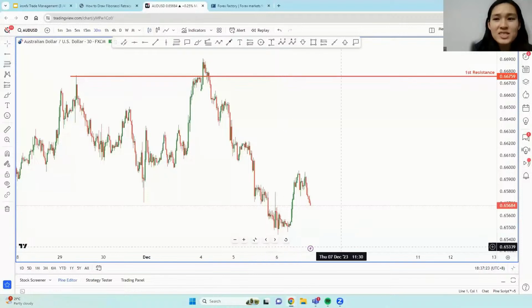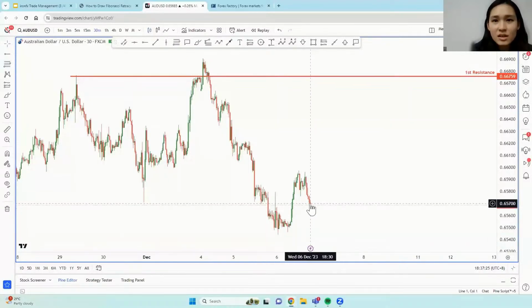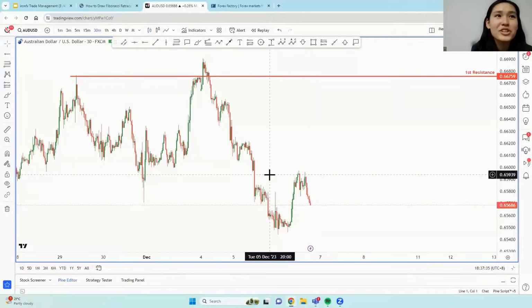Oh, okay. Because the timing is a little bit different on my TradingView and on my Forex Factory, so it doesn't really link up.